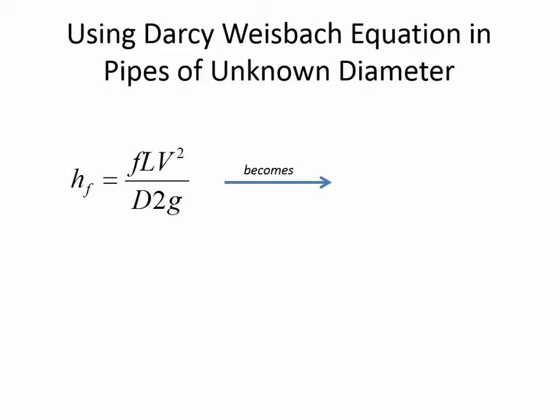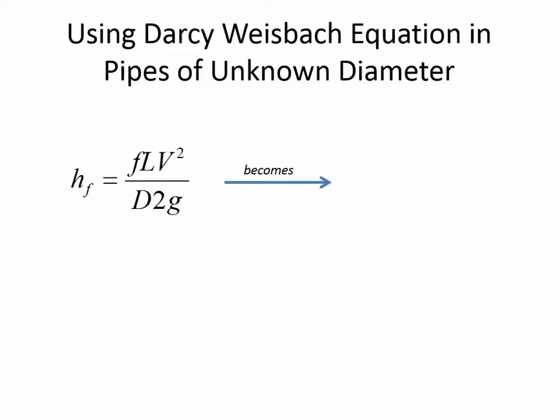And then if we combine terms and divide things out, that turns into 8 f L Q squared divided by d to the 5th g pi squared.